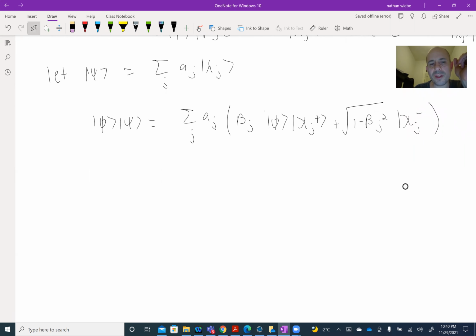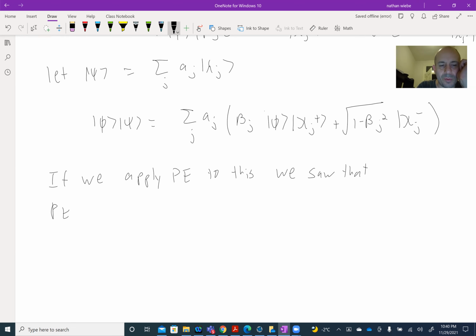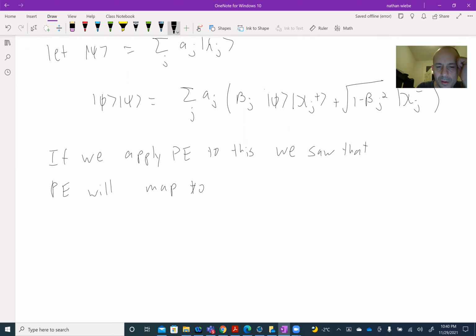And so what we can do is, if we apply phase estimation to this, we saw that PE will map each of these vectors to something that will be of the form sum over j, a sub j, beta j, 1 minus... okay.